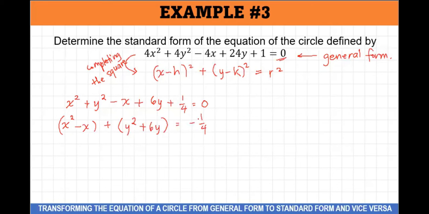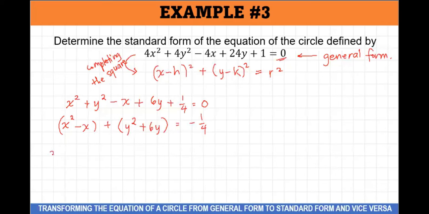Next, dito na tayo papasok sa completing the square of the x terms and adding it to the right side of the equation. Kasi if we do completing the square, then we need to add something on the left side. And para ma-balance yung equation natin, kailangan kung ano i-add mo sa right side, i-add mo rin sa left side and vice versa.